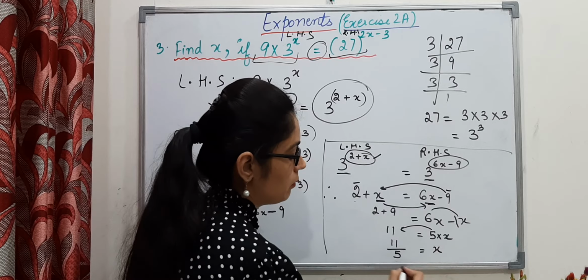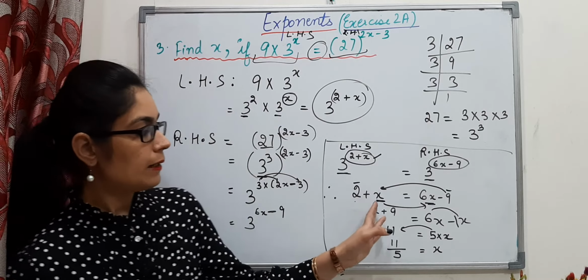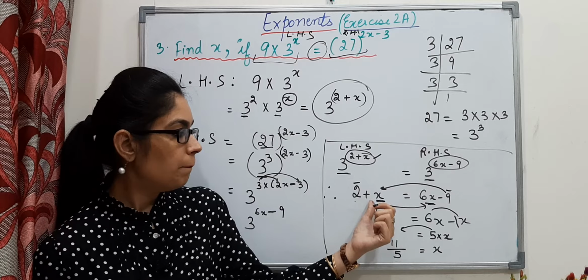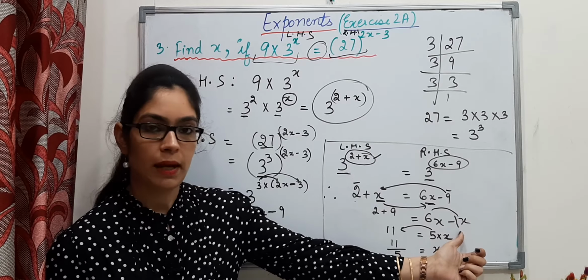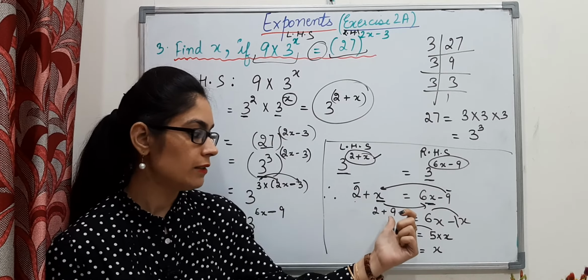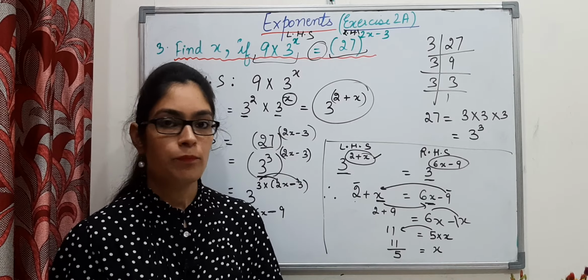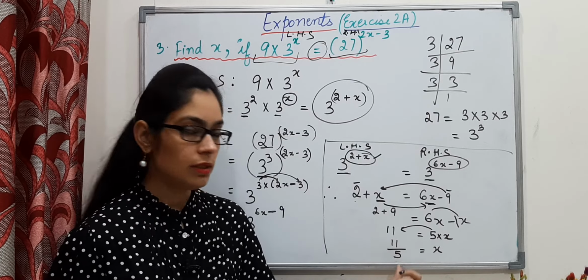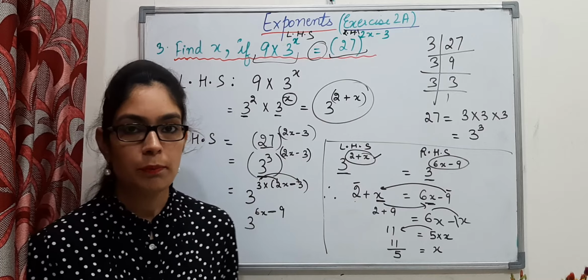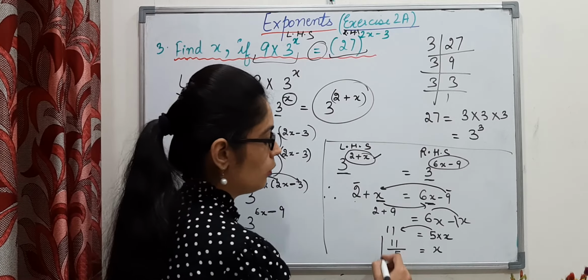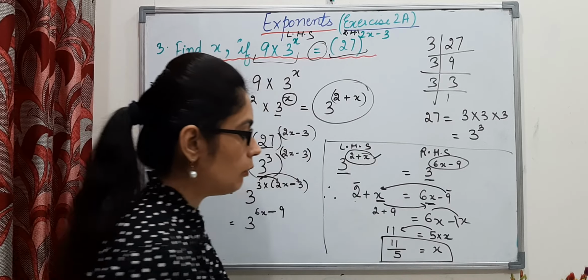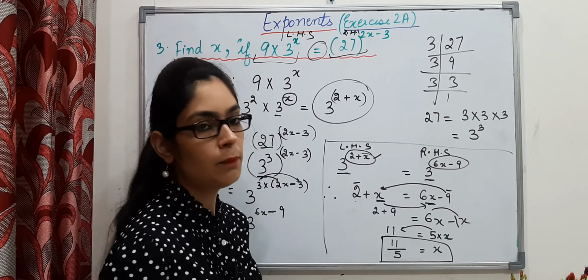So x will be equal to 11 by 5. See here, plus will be changed to minus on changing the side, and minus will be changed to plus. Same way, multiplication will be changed to division, and division will be changed to multiplication on changing the side. So on solving we found the value of x as 11 by 5.